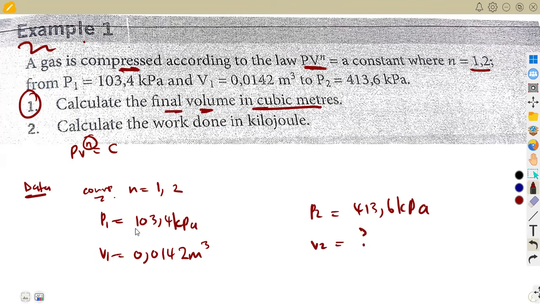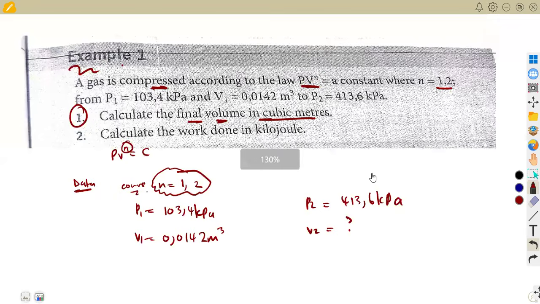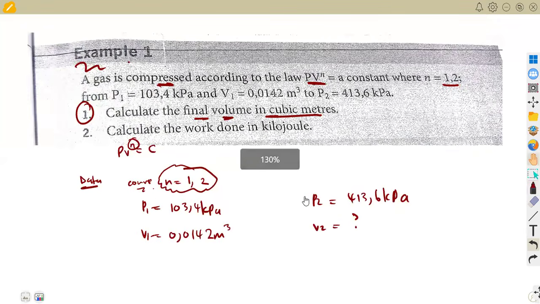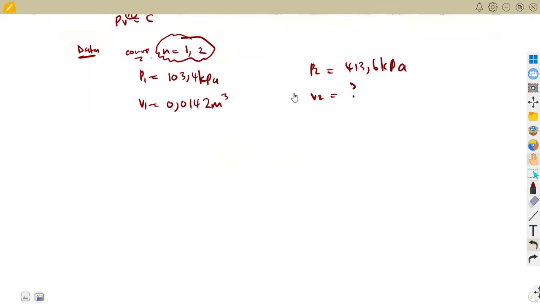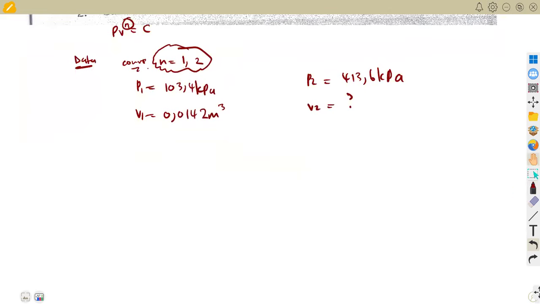The moment that we are given this n, it means PV is equal to P1 V1 is no longer applicable for us. It's not going to work. We have to include n.